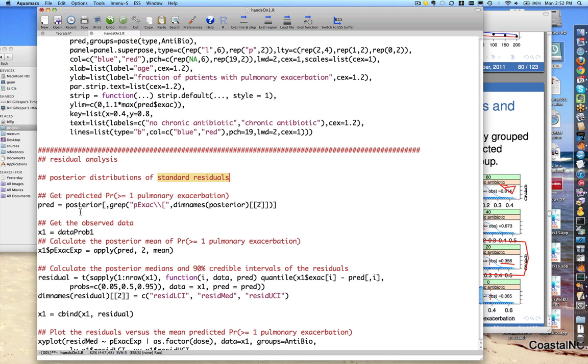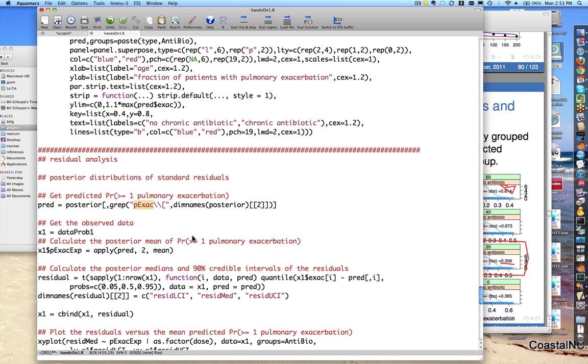So first thing I do is again go out and grab, well actually in this case instead of grabbing the predicted values initially, I'm grabbing the predicted values not for our binary data but for the probabilities of exacerbation. So that's why you see this p-exact in here.